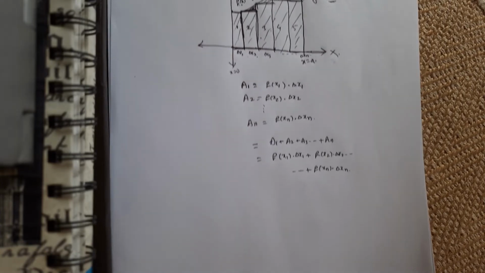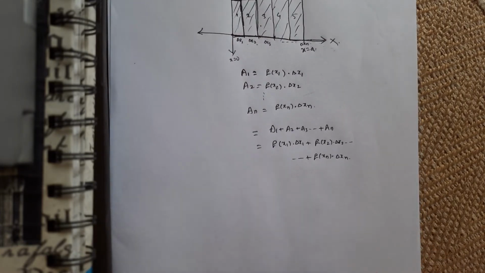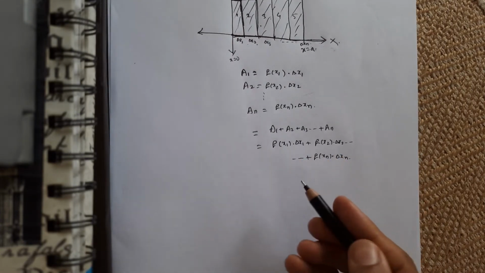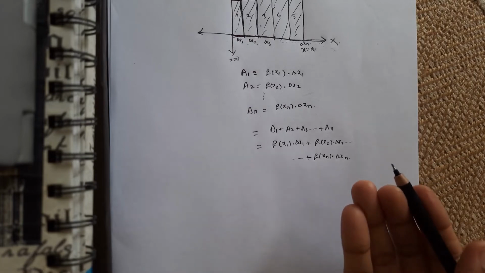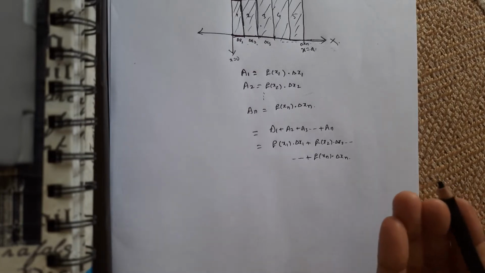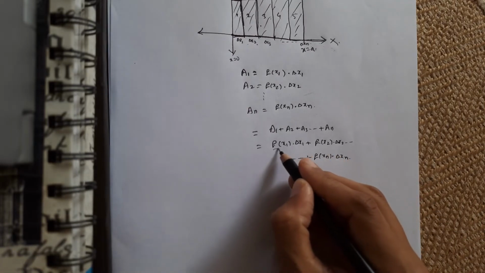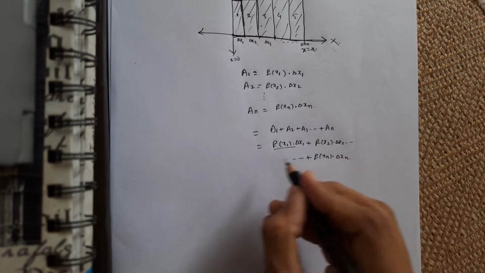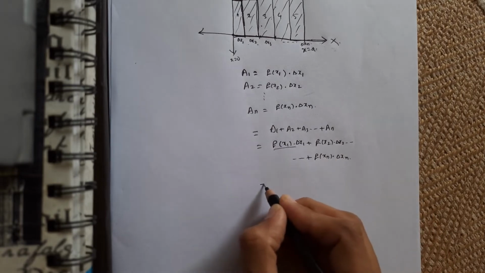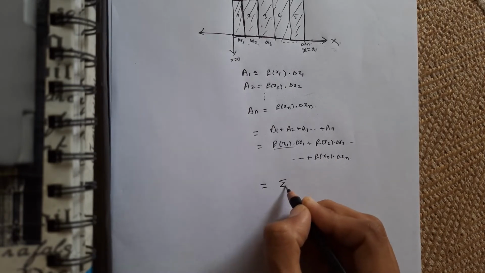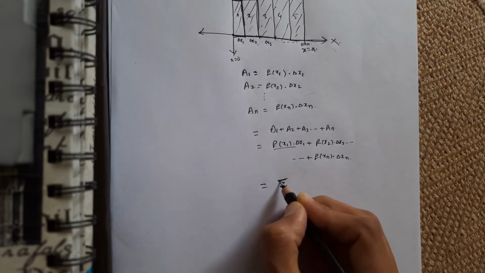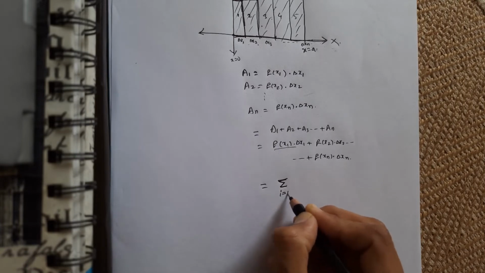This will be the area. Now instead of writing it in this complicated form, there is a simple, nice and beautiful way to represent this addition: we can write it as the sum over, this is the symbol of summation, sum over i equals 1 to n.